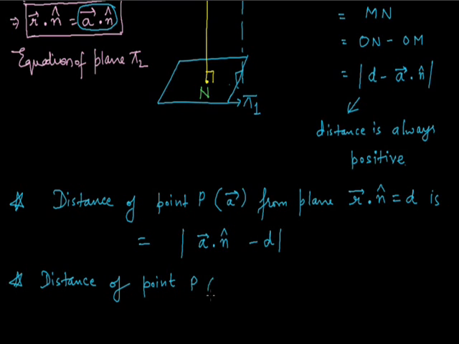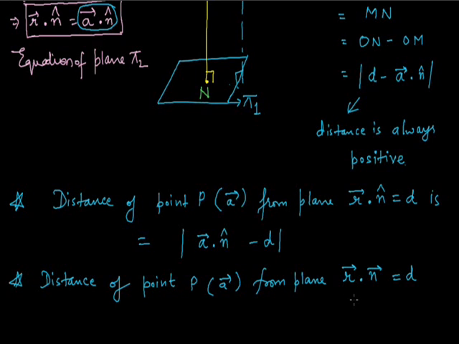Now suppose we need to find the distance of point P whose position vector is A vector from the plane whose equation is given by R vector dot n vector equals D. In this case, you're given a normal vector, whereas earlier you were given a unit vector normal to the plane.